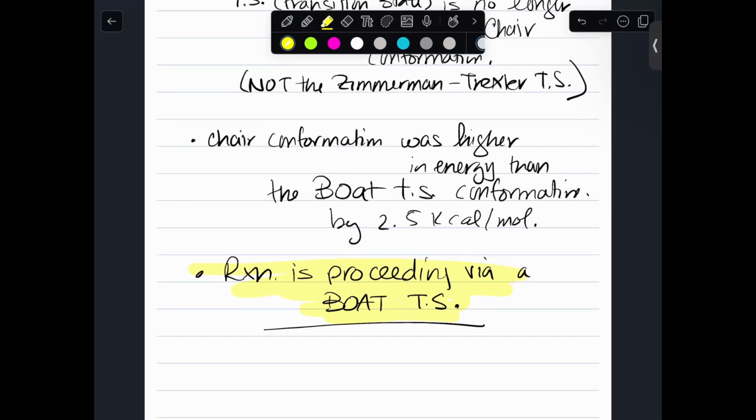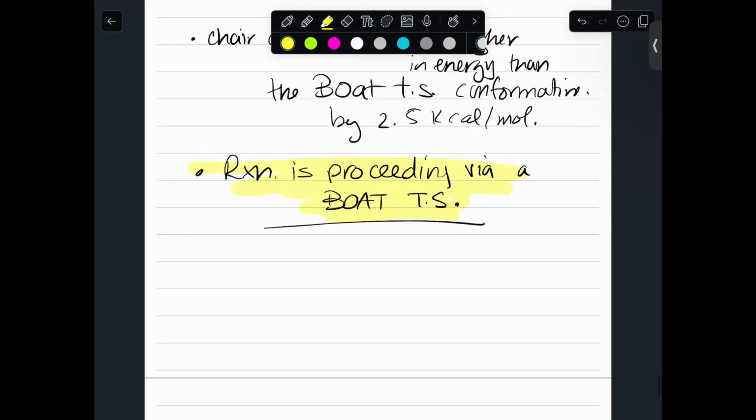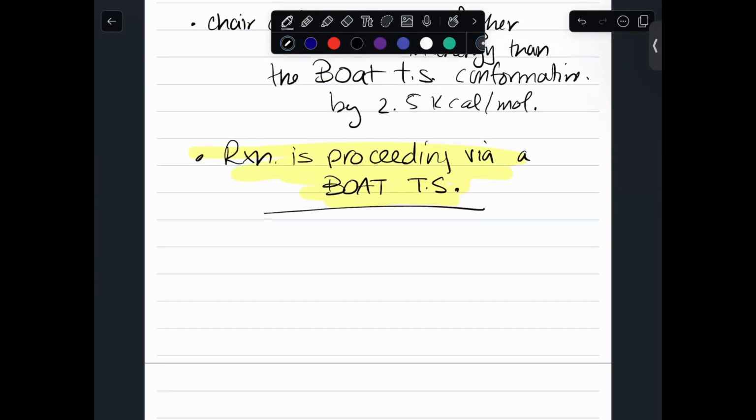There's all these sterics, right? But in this case, it turns out that the chair conformation is a lot worse than the boat conformation. And so what's happening in this case? And what they notice is that the magnesium Lewis acid is coordinating to all three carbonyl oxygens.